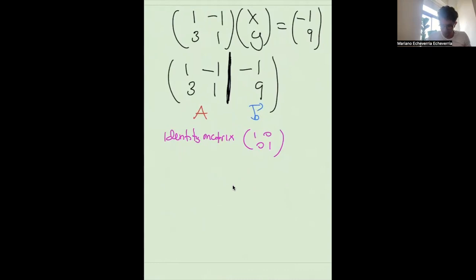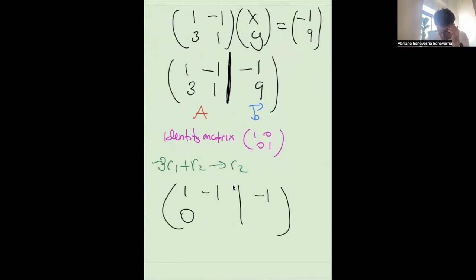We could do minus 3 row 1 plus row 2 into row 2. That's what we could do to put a 0. We had computed this before: you get a 0 here with minus 3, and then this gave you a 4, and this one gave you a 12.